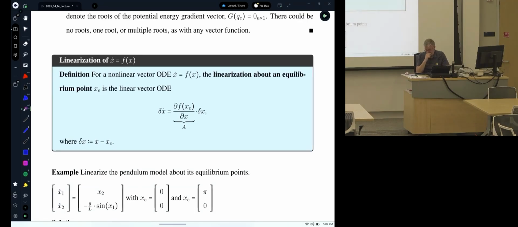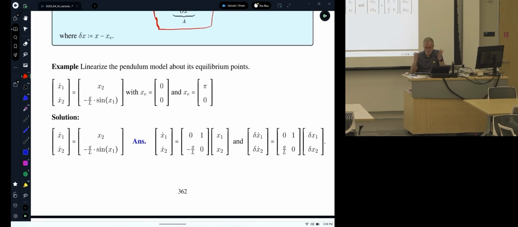So if we were doing the model as x dot equals f of x, there's the Jacobian linearization, and you get a different A for each equilibrium point. It depends on the equilibrium point.